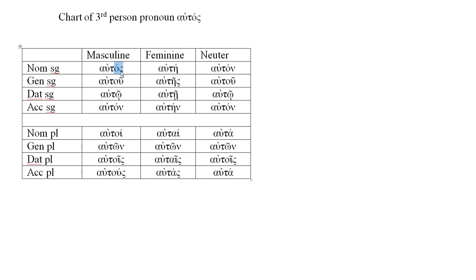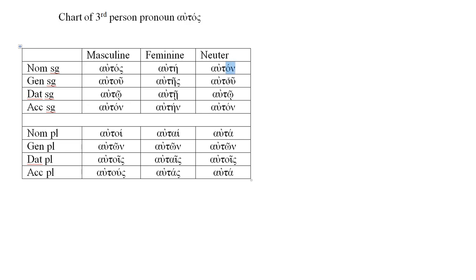The endings, as, ou, o, on, etc., are exactly what you would expect from the first and second declension nouns. So os, ou, o, on, oi, on, ois, ous. Same with the feminines. You just follow those down. They're exactly what you'd find in the first declension chart. And then the same with the neuters.